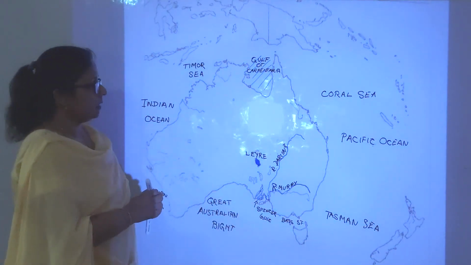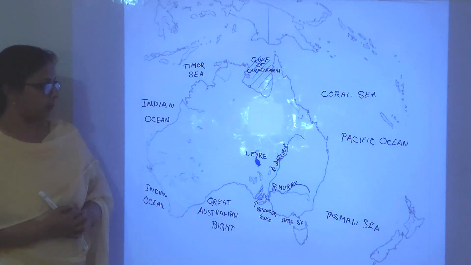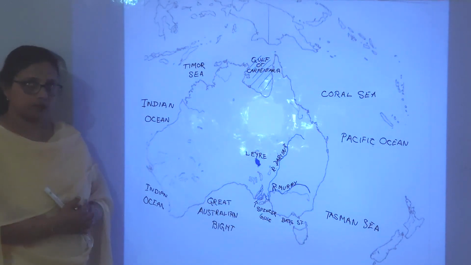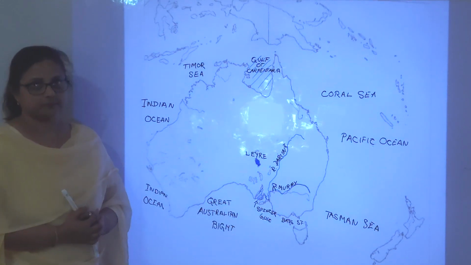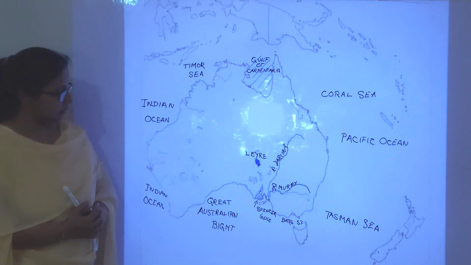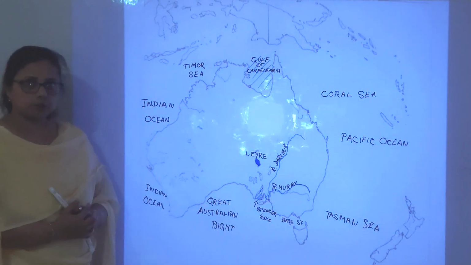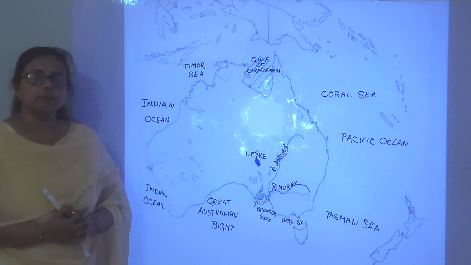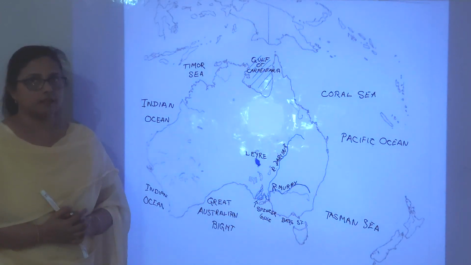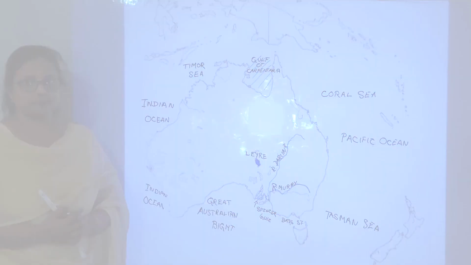So these are the important water bodies in and around Australia. I hope you all must have understood as I have marked. You can pause the video and mark the same in your map workbook.